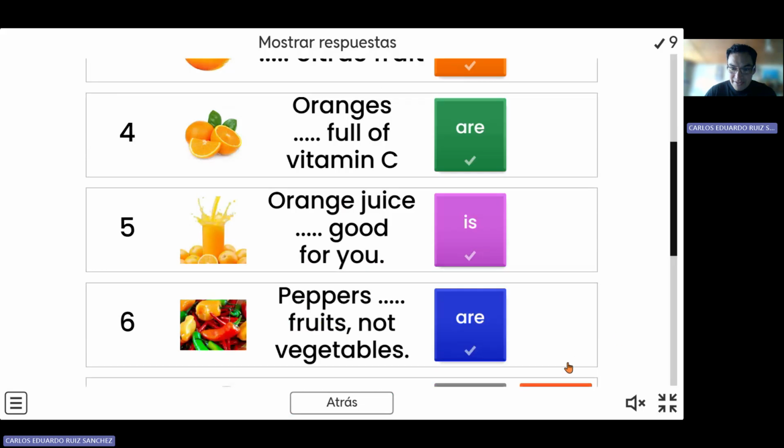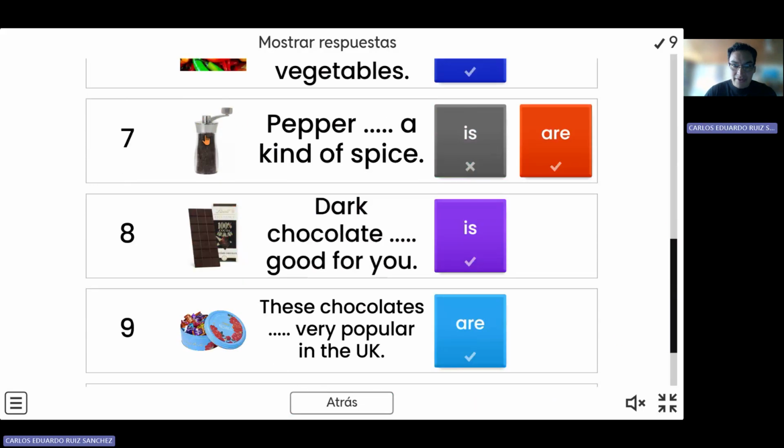The entire answers. My mistake was here. Pepper, it's a kind of spice. Okay, let me put currents here. Pepper is similar to sugar, yes?